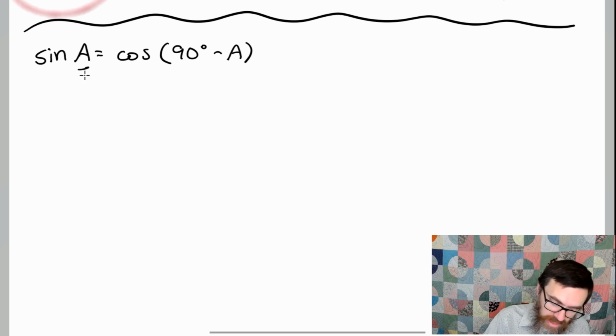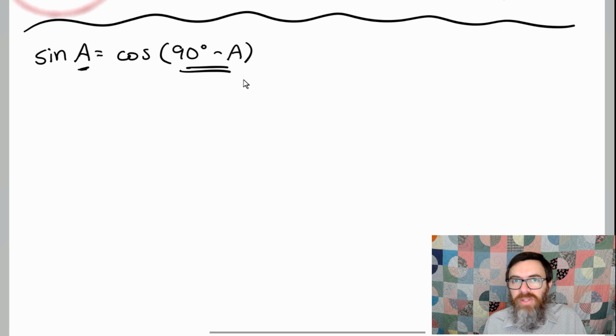A and 90 degrees minus A are complementary angles. As we were seeing in the previous examples, when the sine of A is looking at opposite over hypotenuse, then the complement, which would be angle B, would be using the adjacent over the hypotenuse. So the complement's adjacent side is going to be the original angle's opposite side. That's why these guys are going to be the same.